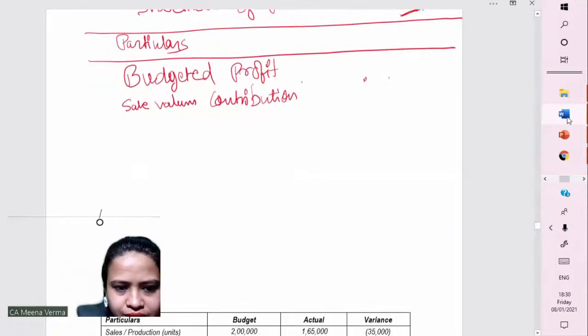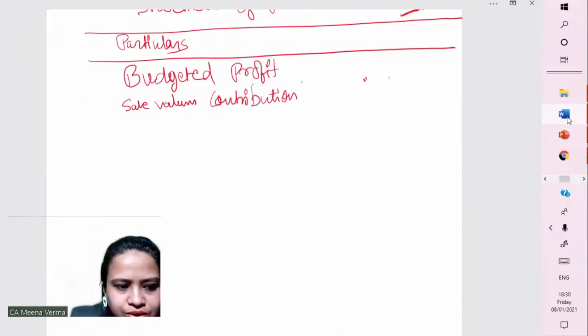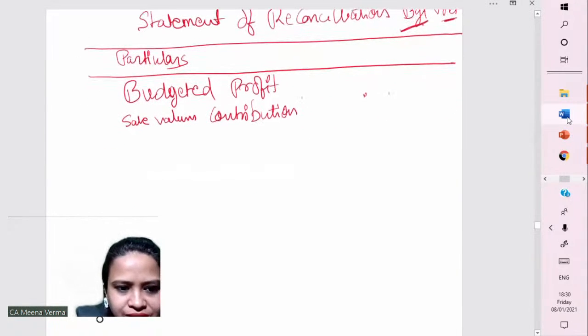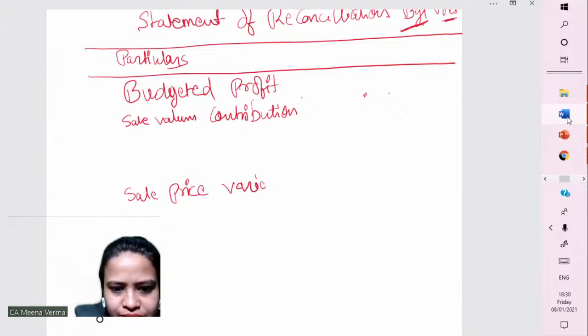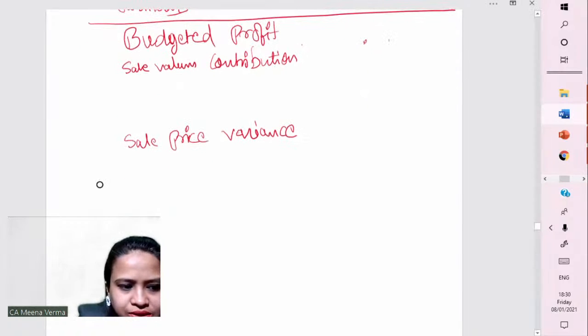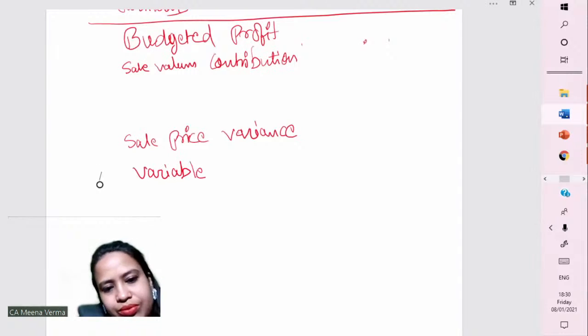Next, what will we consider? Sales volume and sale price variance. What else? We will consider variable cost variance.